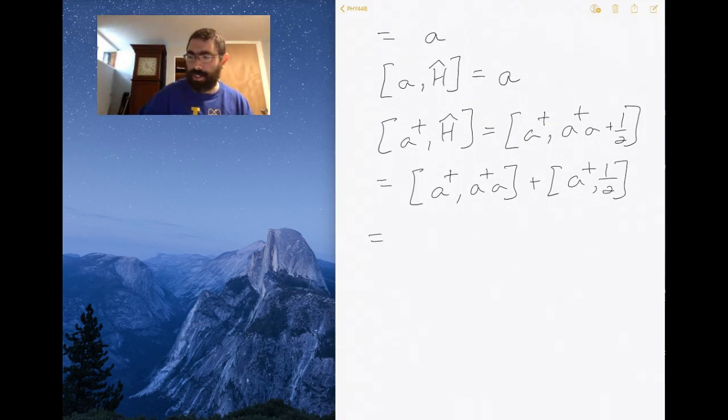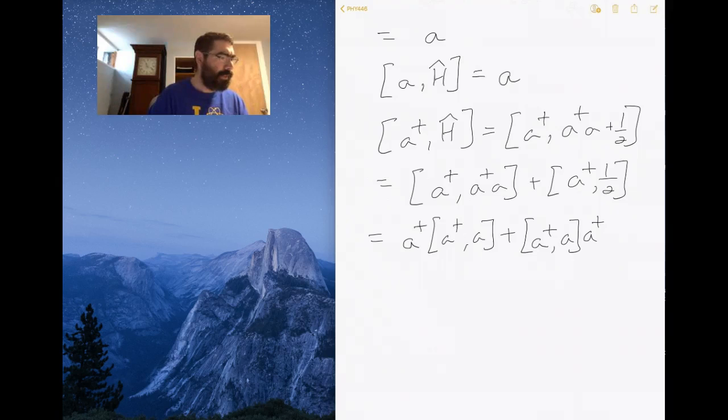So this commutator is, if I work it out with the distributive property, A dagger times the commutator of A dagger and A, plus the commutator of A dagger and A dagger, times A. Is that right? No. The daggers are here. Plus 0. The commutator of A dagger and 1/2 with itself just cancels.